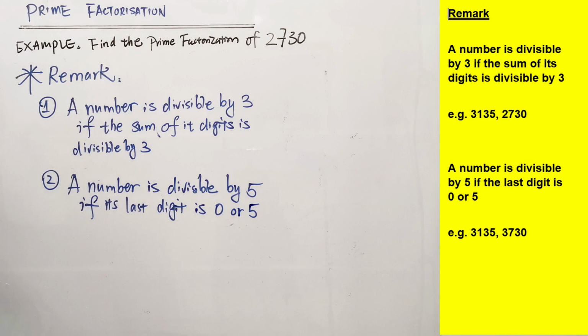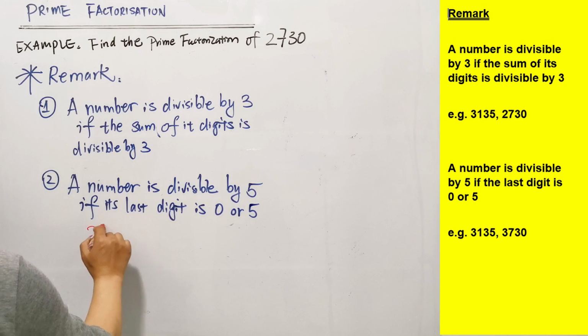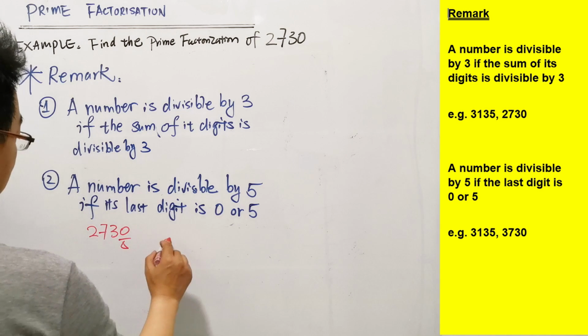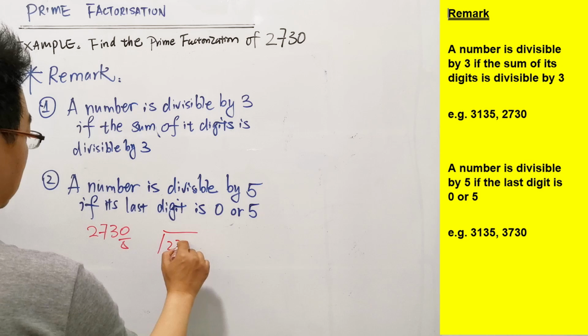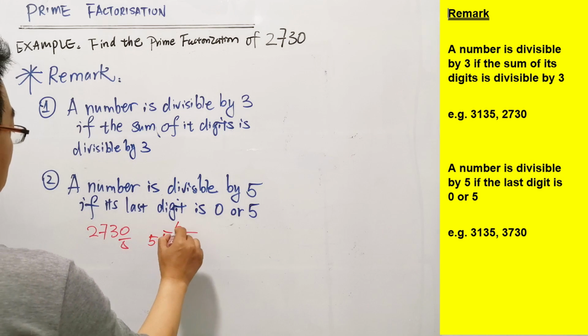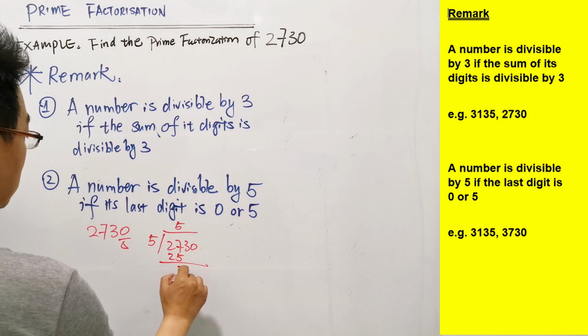So for example, here is the same example. 2730, right? So what's the last digit? The last digit is 0, right? It definitely can be divided by 5. So here's how much? Here's 5, right? 25, right? Here, how much can we get? 2, 3.